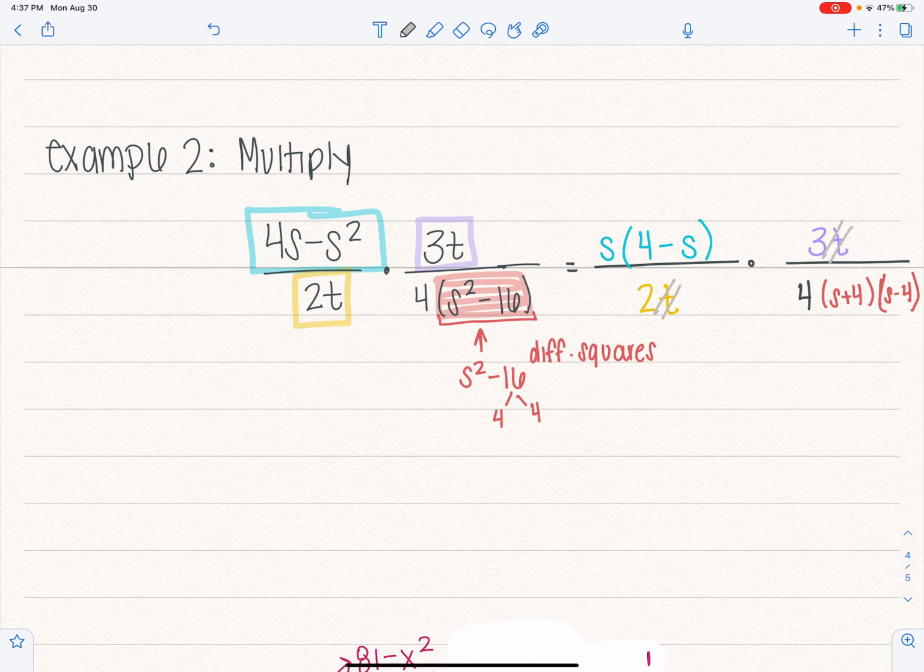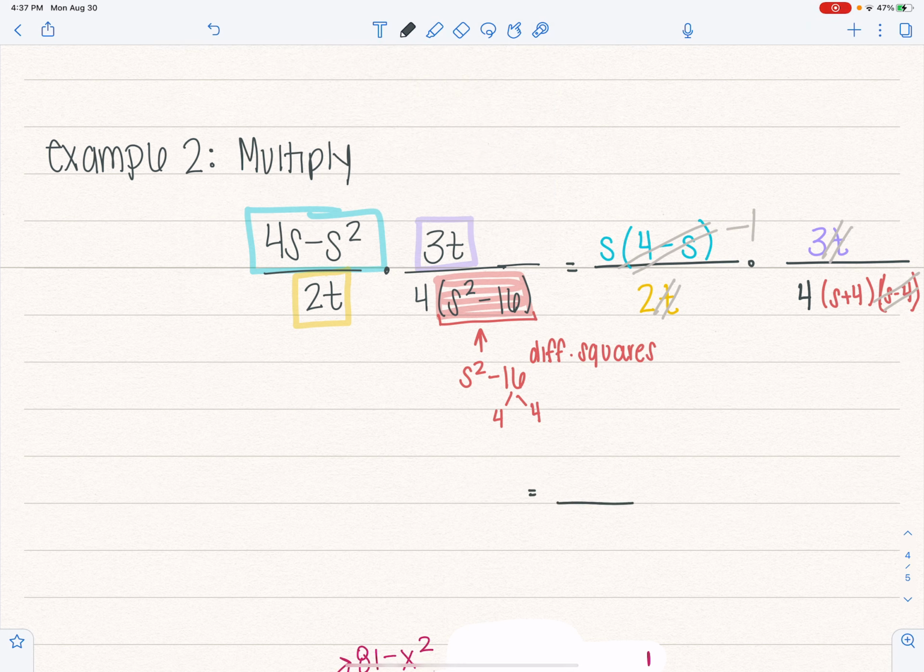This one, if you watched the last video with just simplifying, we learned a trick that said if the two numbers, if the order was reversed and there was a subtraction in the middle, I could cancel those and leave behind a -1. And so those will cancel, and they will cancel to a -1 left behind. I always write the -1 on top just so it doesn't get forgotten.